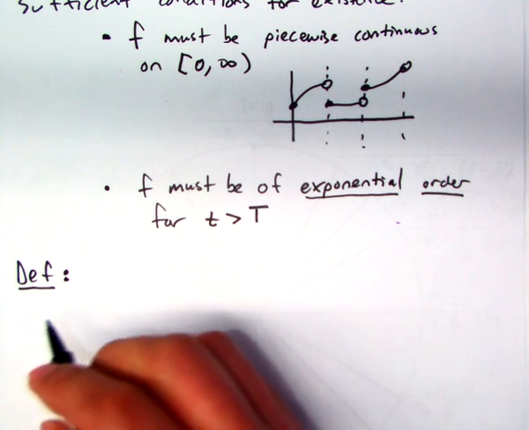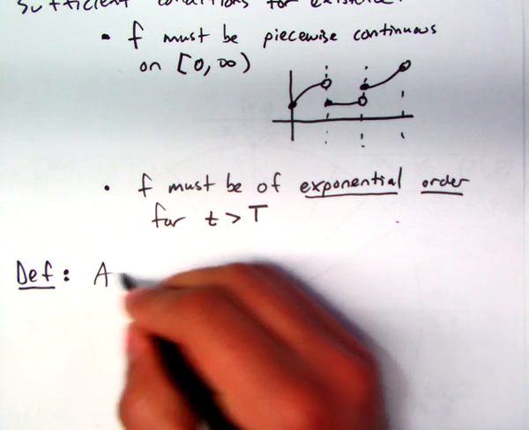The definition for exponential order is as follows.